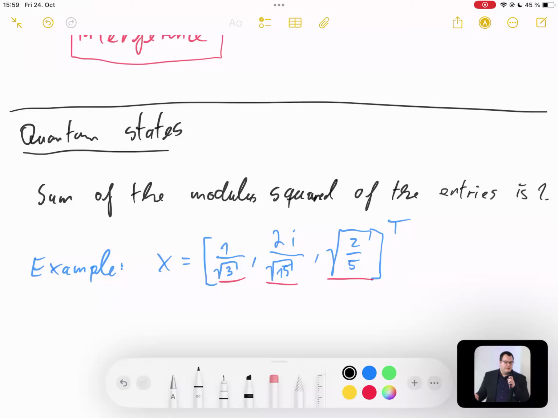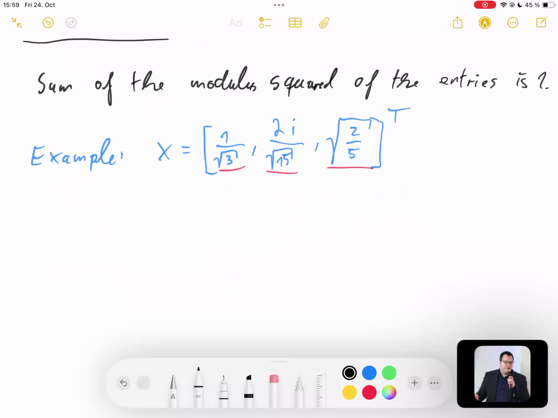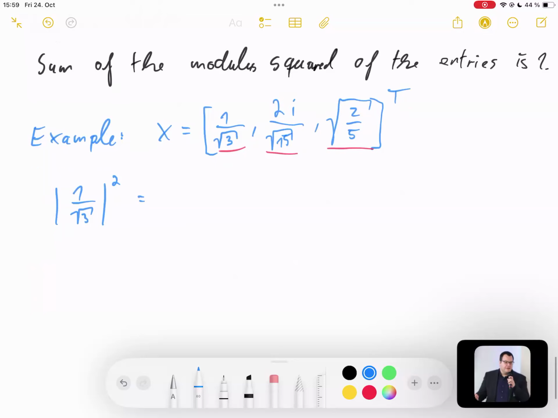Now I want to know from you, is this a valid quantum state? You can first of all calculate the 3 modulus squared. So we can break this up step by step. We have this first entry, 1 divided by the square root of 3. I want its modulus squared. So maybe you can write out these 3 results step by step in the chat.